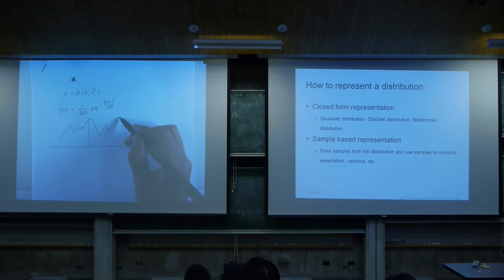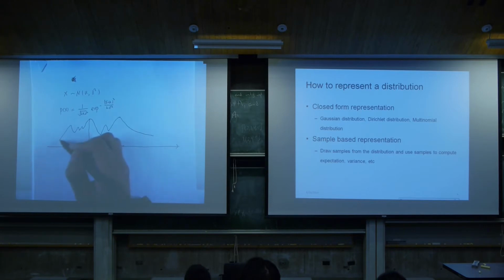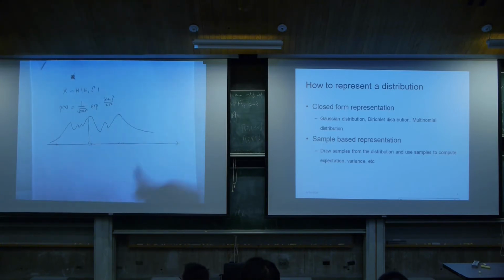Because the density here is large, there are many samples here and many samples here. And the density in this region is low, so the number of samples is small. So if we can find a way to draw many samples from this distribution, we can use the samples to describe the characteristics of this distribution.